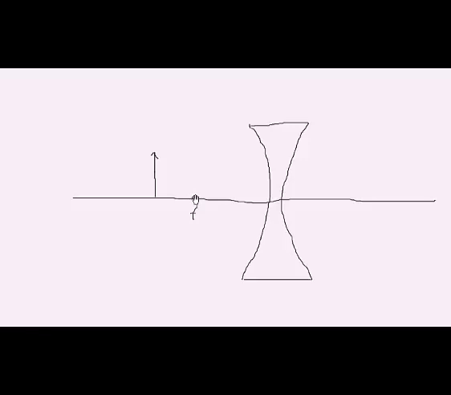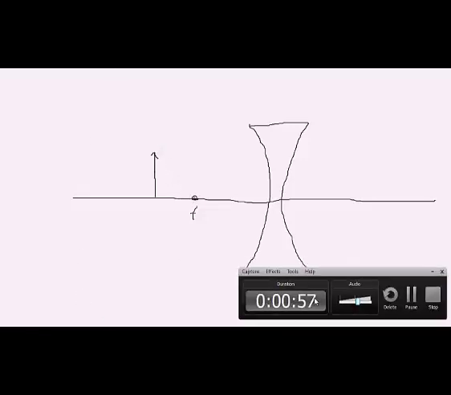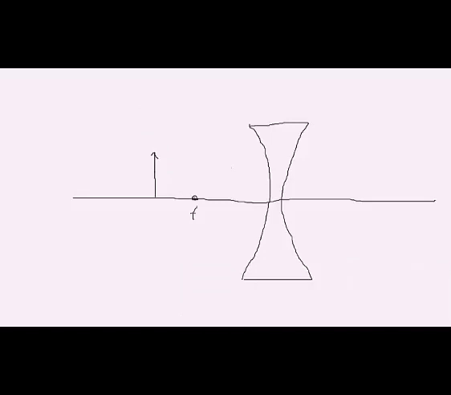What that focal point means is that when parallel light rays come at the lens, they will go through or seem to go through the focal point. So here's our first line.